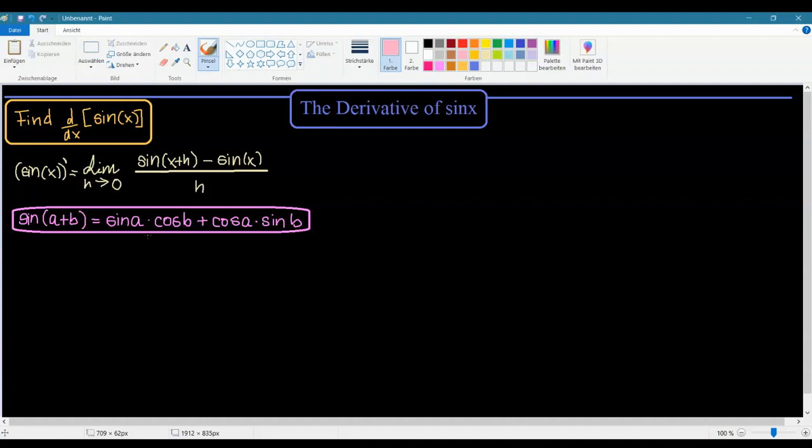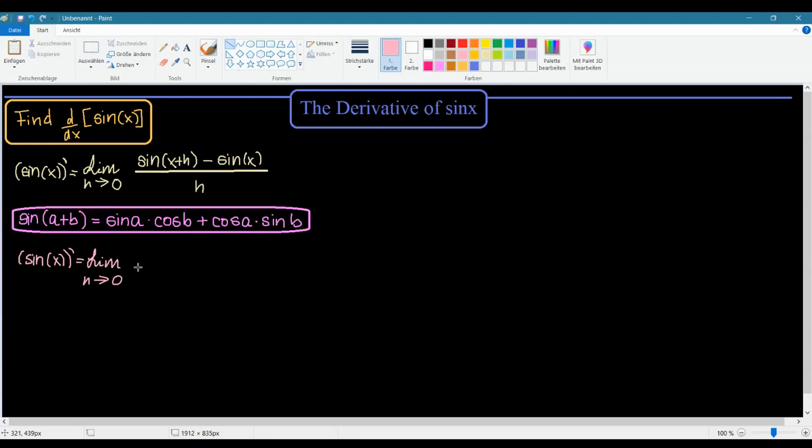So the first thing that we're going to do here is plug that in, but with x plus h instead of a plus b. So sine x prime is going to become the limit as h approaches 0, because we haven't taken the limit yet, right?